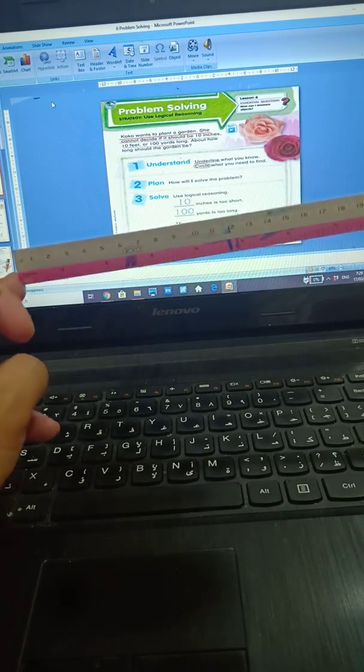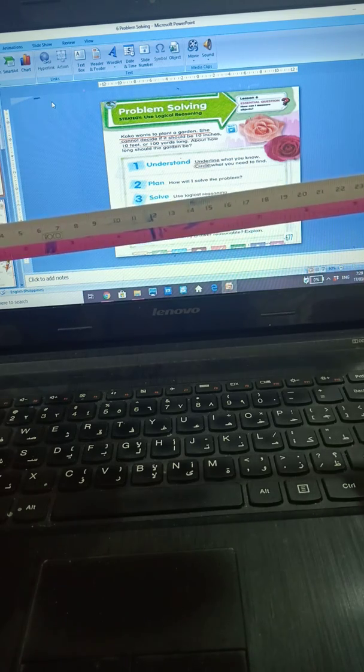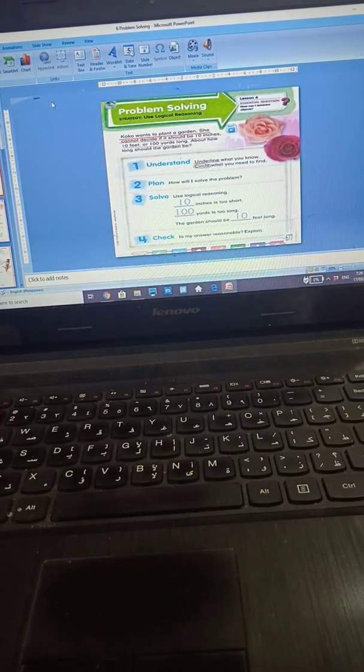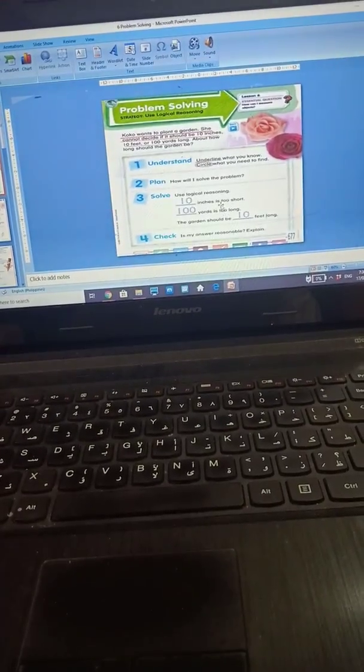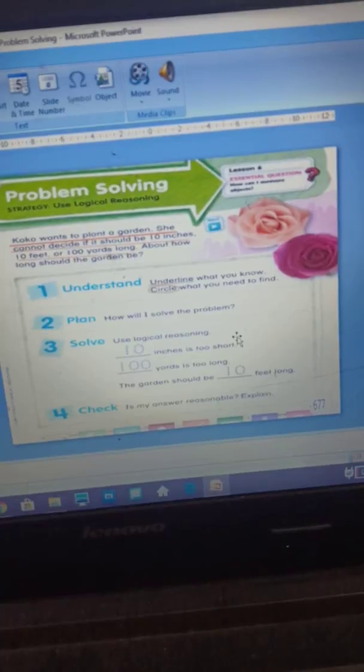Is this the size of a garden? Have you been in a garden? This is not the size of a garden, because it is too short. The 10 inches is too short.